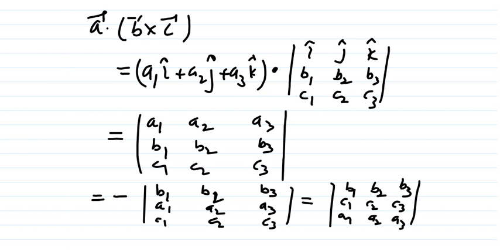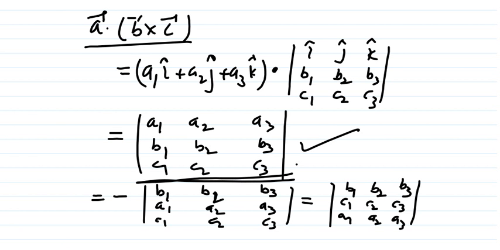So as we have written this a dot b cross c in the form of this determinant, the first row of this determinant is the first vector. Second row is taken from the second vector, third from the third vector.